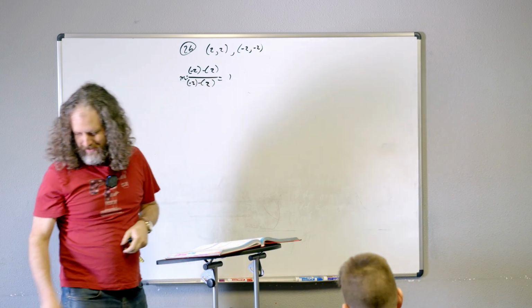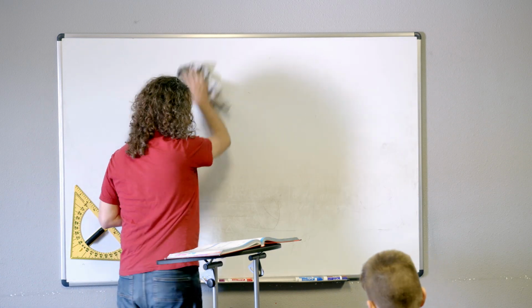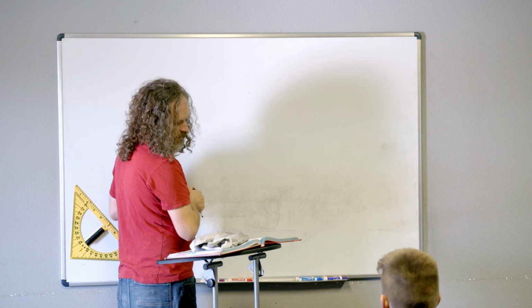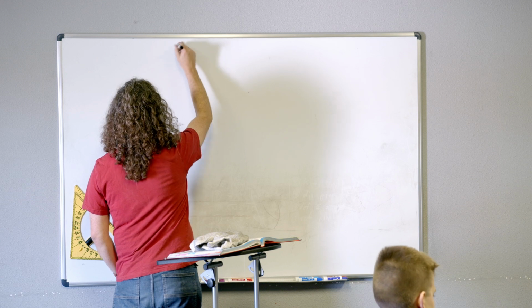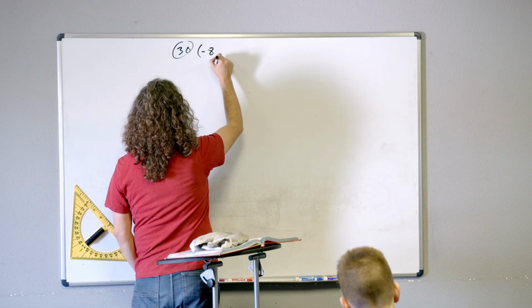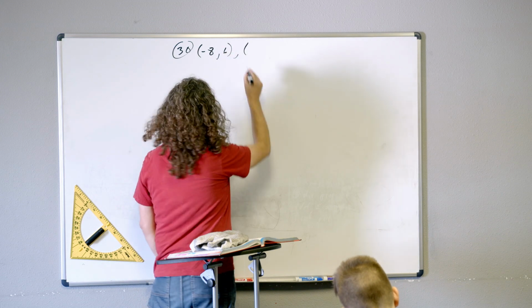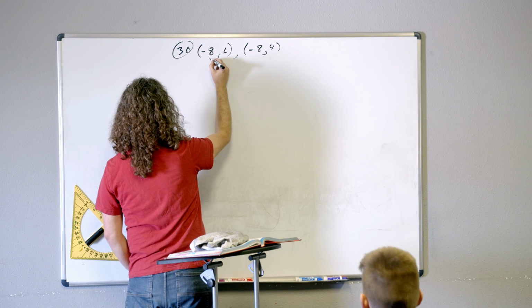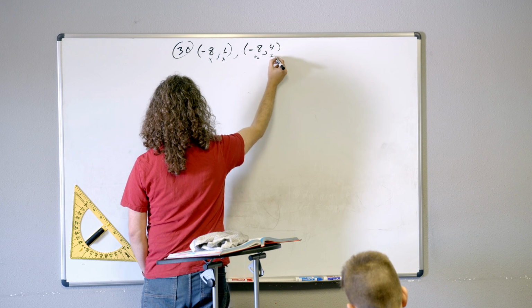Do you need help on 30 or do you already know what you did on 30? I just don't know how it became undefined. Ah, okay, that's fine. On 30, we've got -8, 6, and I'm trying to find the slope between that and -8, 4. We label them so we don't get confused: X1, Y1, X2, Y2.